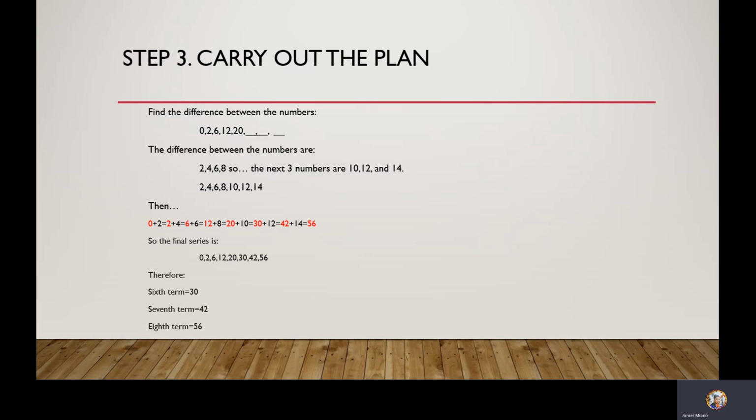So, yung final series natin is yun, 0, 2, 6, 12, 20, 30, 42, and 56. Therefore, yung 6th term natin ay 30, then the 7th term is 42, and the 8th term is 56.